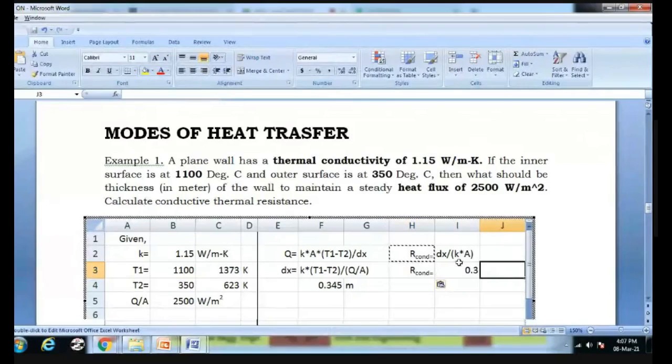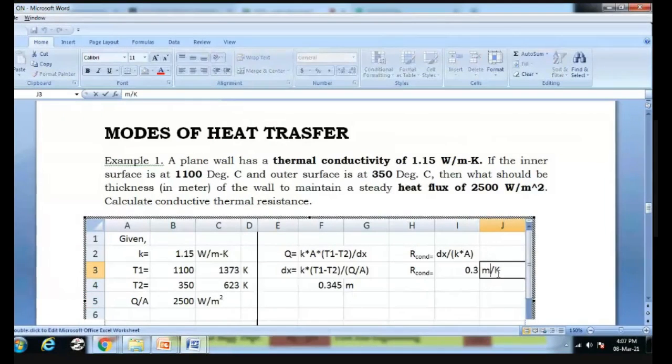What is the unit? You check dx is in meter, and then you have k, the thermal conductivity, that is in watt per meter Kelvin. This is the unit on the numerator side, and then you have meter square here into W and into m. So everything is getting cancelled. What you will have here? Meter upon Kelvin. Is it correct?